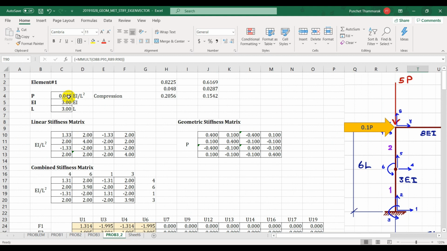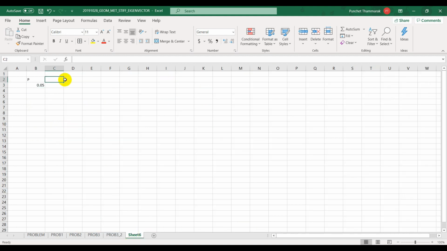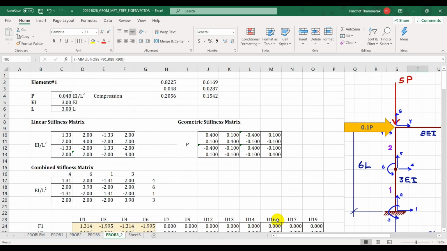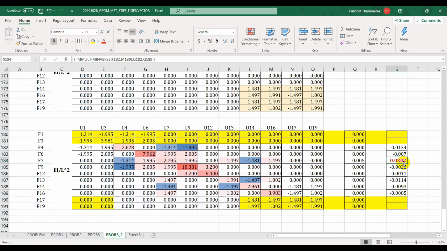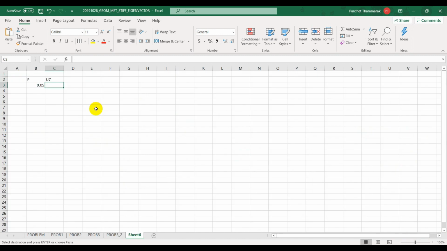That is the 0.05 P that was applied and then gets the iterative solution corrected and turns out to be this one. Okay, and then the one that we will monitor turns out to be the U7, and our U7 is somewhere around this 0.302. So we keep just a number.